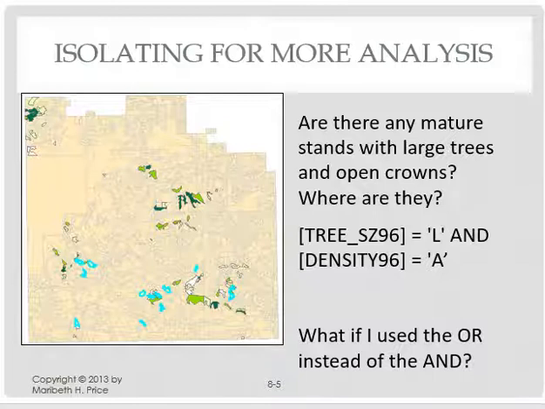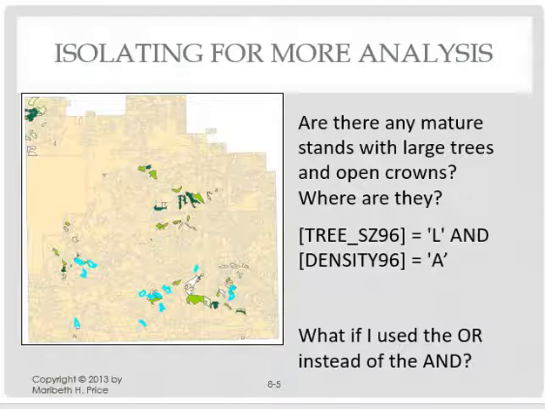So if I am selecting from two different fields, tree size equals L, density equals A, I'm going to limit my selection. What if I had used the OR operator? Because when we think about selecting, that's often how we think about things, that we're going to use an OR operator.